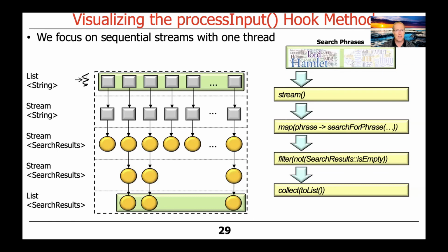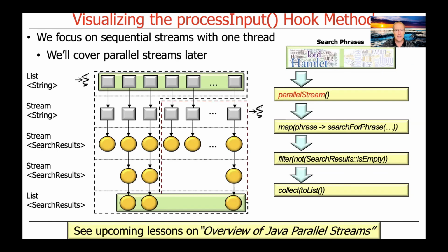Right now, we're focusing on sequential streams that all run, of course, in one thread of control. Later, probably on Wednesday, we will start talking about parallel streams, which will dovetail nicely with your next assignment, which is a parallel streams assignment.